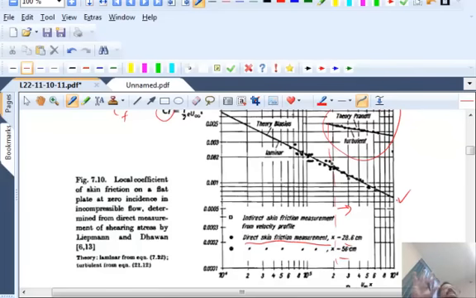If you have any disturbances, the disturbances can grow due to instability, then the transition can occur. So the transition actually occurs over a range of Reynolds number, starting at 2 times 10 to the 5. If it is below 2 times 10 to the 5, you will always have laminar flow. Above that, you could have a turbulent flow as well. Turbulent boundary layer theory, we cannot really analyze from the Navier-Stokes equation.